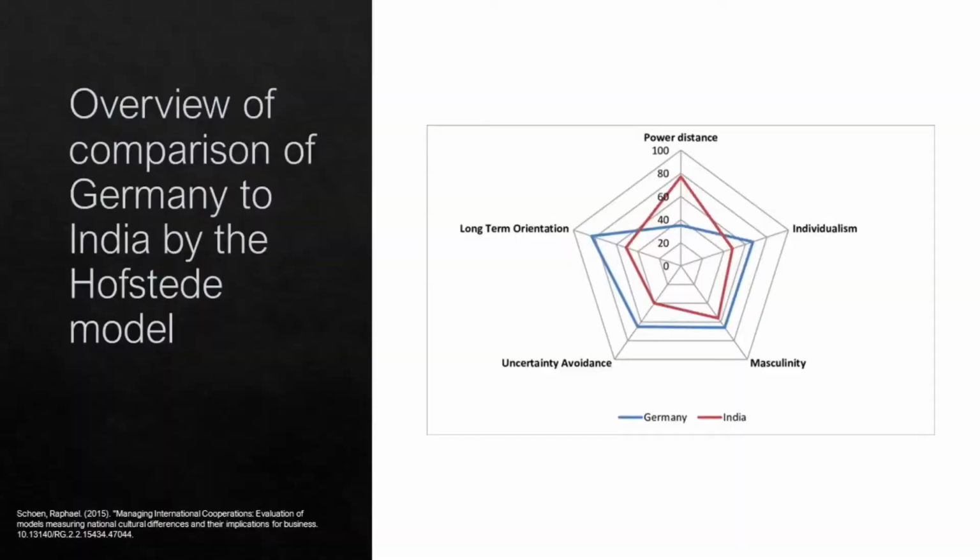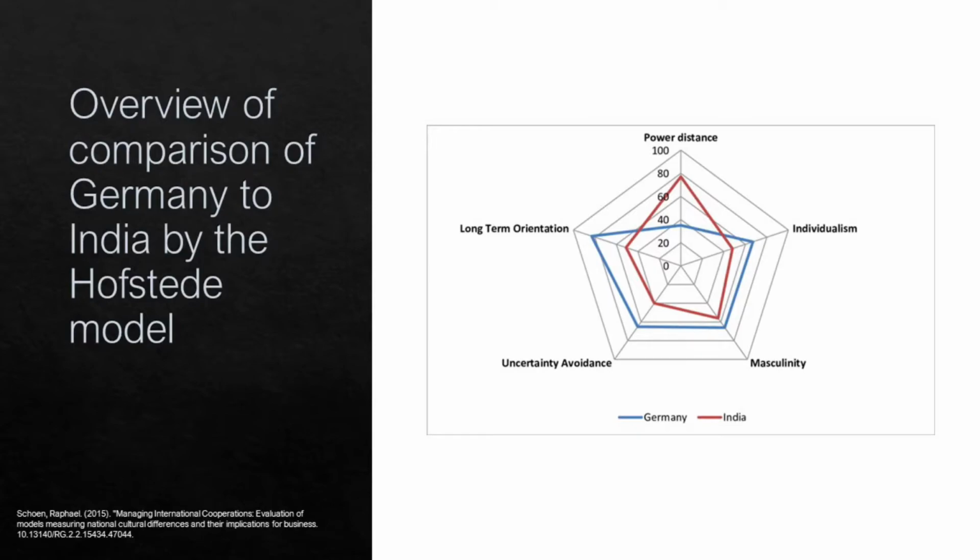For example, I included here a comparison between Germany and India in these six dimensions. See here the power distance. In Germany, we have very, very low power distance. In India, we have very, very high power distance.